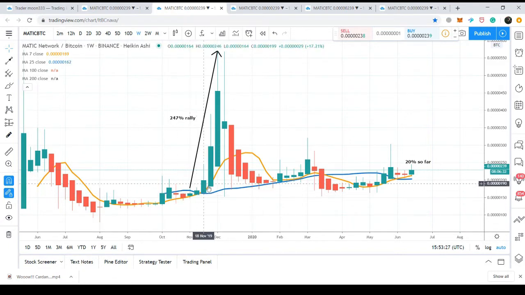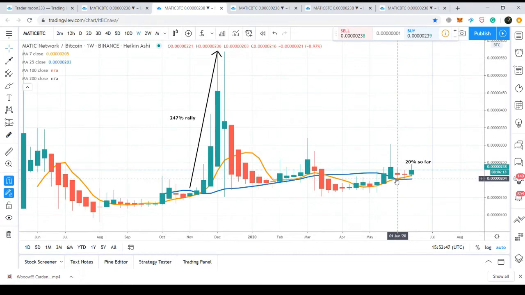And at this bullish cross, which was formed in November 2019, the price action produced more than 247% rally. In my previous video, I told you that if this time the 7 moving average crosses up the 25 simple moving average, then we can expect another bullish rally.